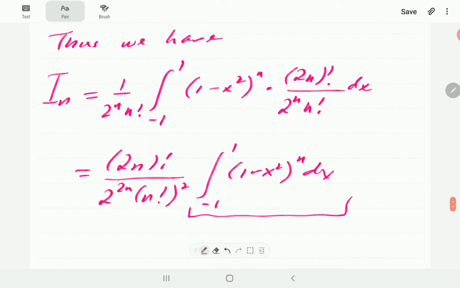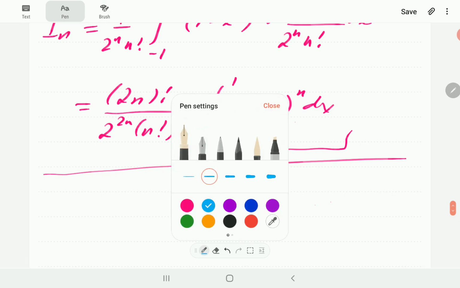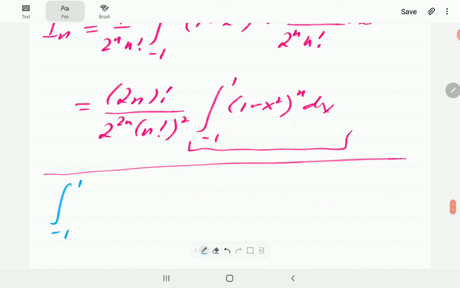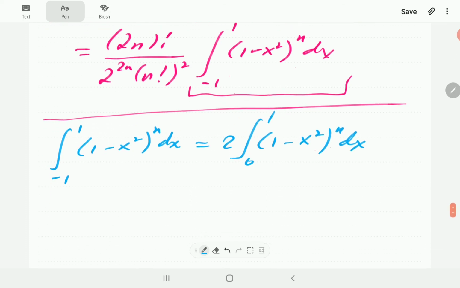So let's work with that integral there. That integral from minus 1 to 1 of 1 minus x squared to the power n. Since the integrand is even, we are going to write it like this, and then we're going to introduce a substitution to convert this into a beta function integral.